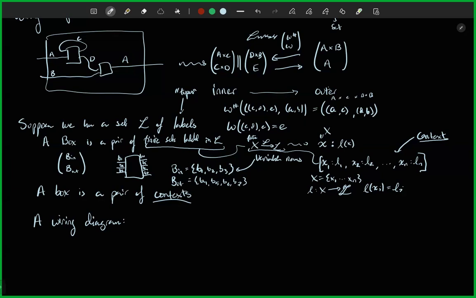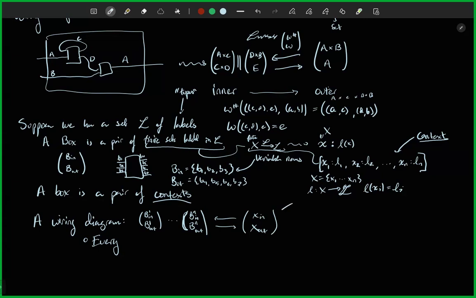So the rules are, one, a wiring diagram has some inner boxes, and then I'll write it in the lens notation, to some outer box, which I'll call X out, X in.